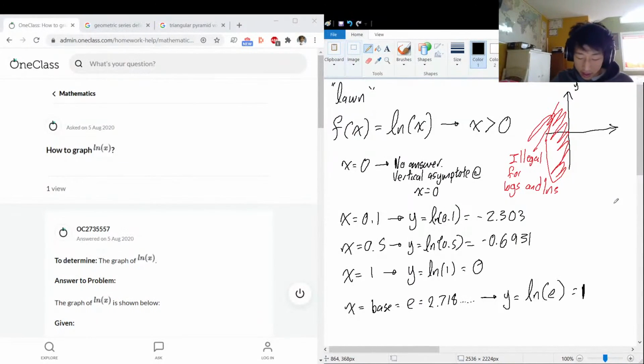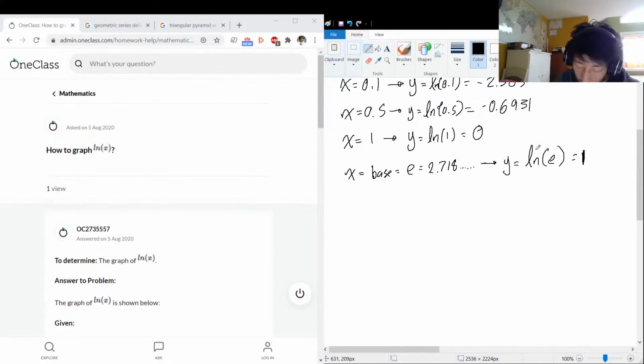Okay, and I think that really should give us quite a lot of the stuff that we need to just start drawing the graph. So I will draw just the right side of it, because we know the left side, when x is negative, is irrelevant.